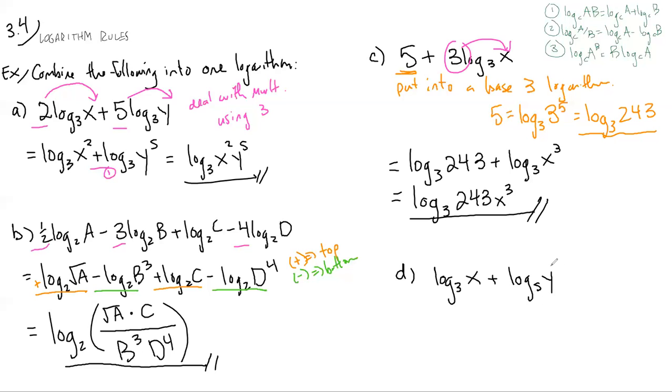All right, finally, D, if you've noticed it, this is actually a trick. So what we've got here is log base 3 of x plus log base 3 of 5. The bases are different, and there's not really any coherent rule for combining these. So I can't do this. So that was a trick.